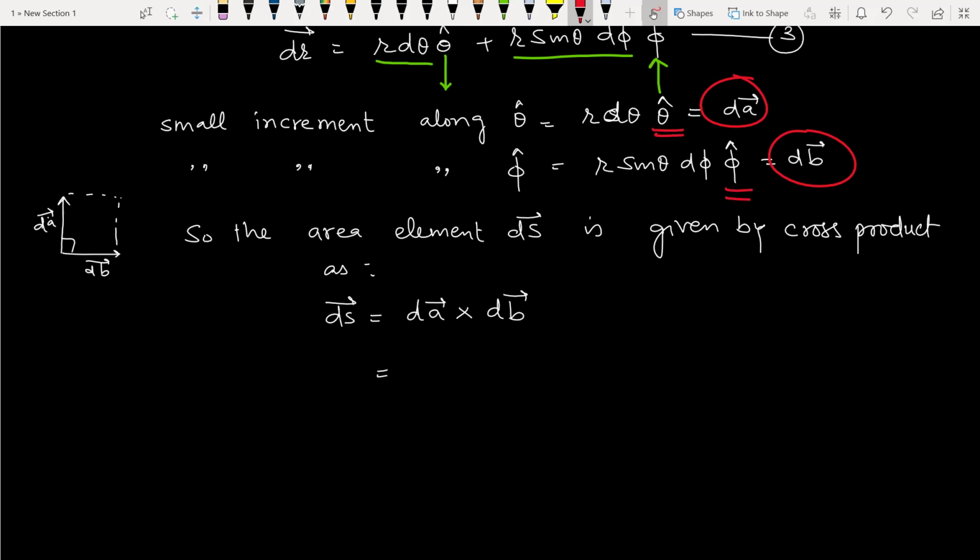As the cross product gives the area, we can obtain the area vector easily.